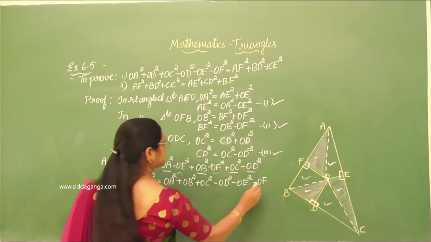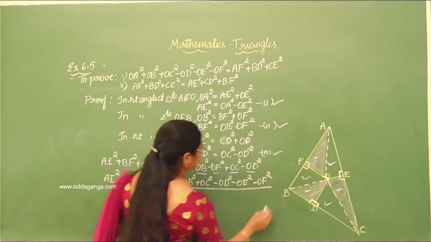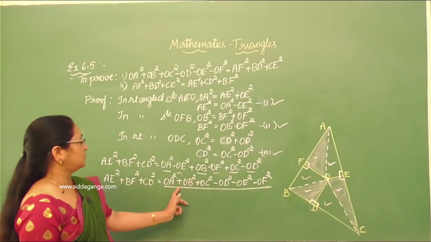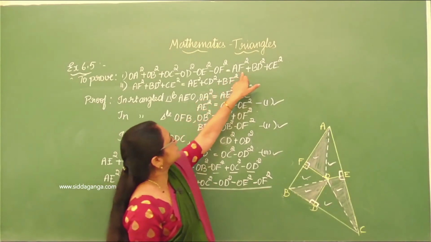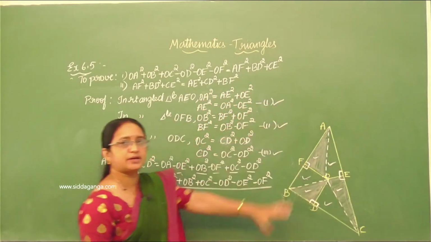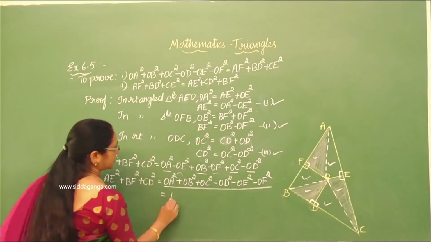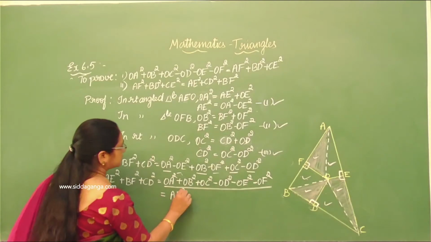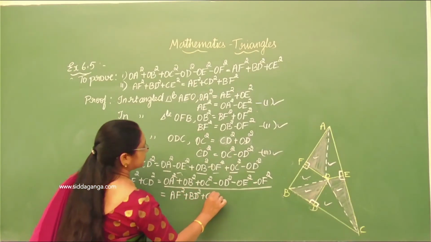See here? Now just observe this result. This result was equated to AF square plus BD square plus CE square in the previous question. Okay. Now I'll write AF square plus BD square plus CE square.